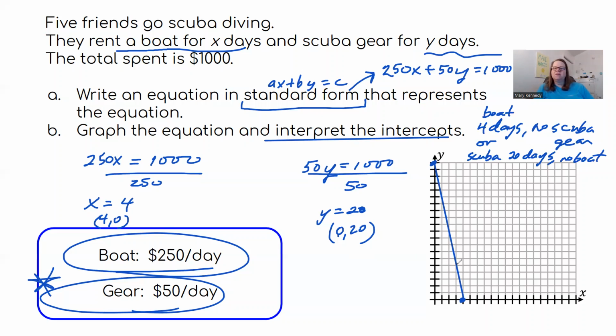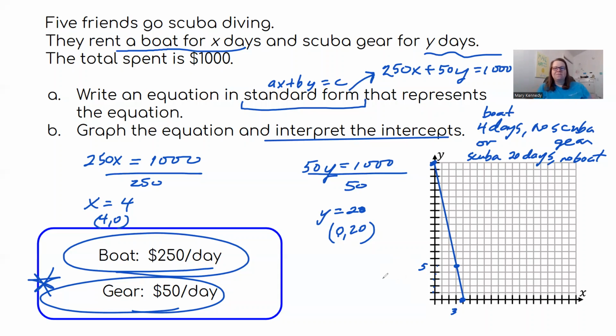So let's pick one that looks like it's pretty close. Now, I don't know exactly. We could do the math and figure it out, but just to understand the intercepts a little bit better. So that's at 3 days for x. x is the boat rental. So we could rent a boat for 3 days, and then 1, 2, 3, 4, 5. And then this is the scuba gear days, and potentially have scuba gear for 5 days.